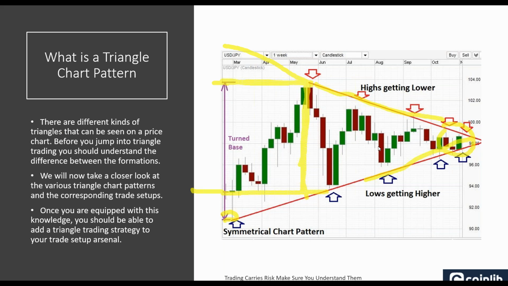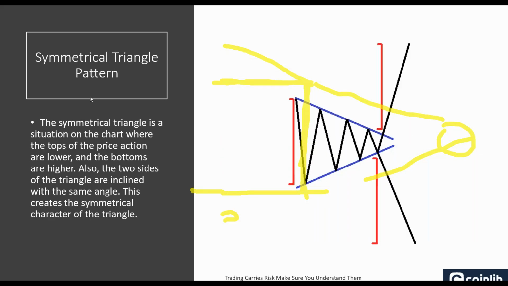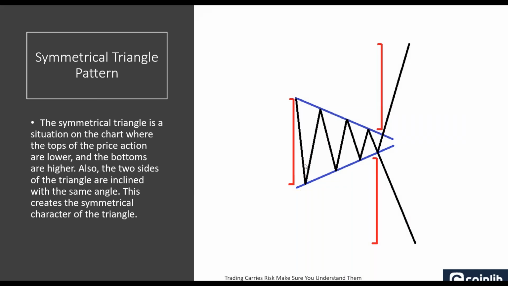Now, I'm not going to get into whether there's support and resistance lines because they're unimportant. Because basically when price is pushing up, this is a resistance line. When price is falling down, this is a support line. But they're really just the lines of the triangle in this case. Now, when price breaks out, we don't know, because of what we're looking at, whether price is going to break upward or downward.